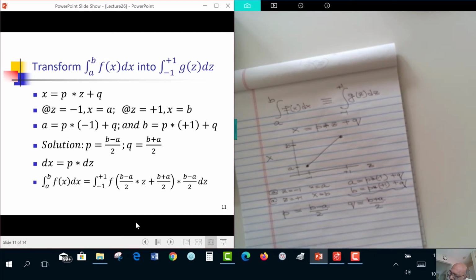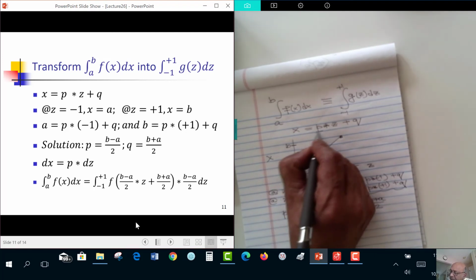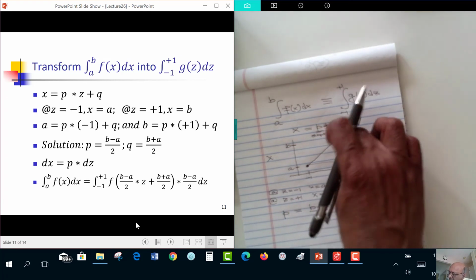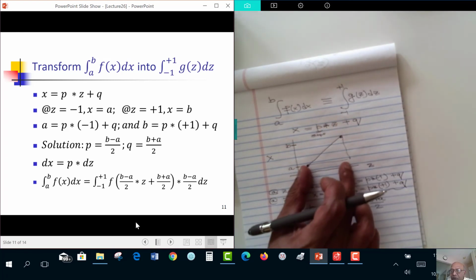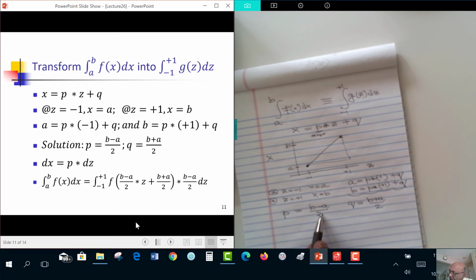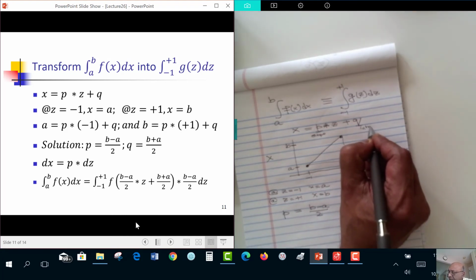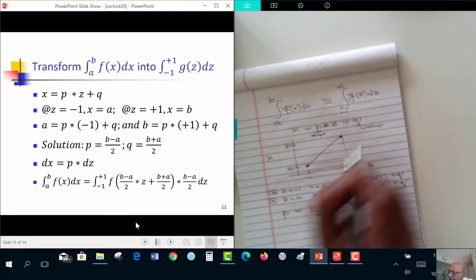Does it make sense? So let's see. This is the slope of the line. So let's see what our slope is going to be. Height is b minus a, width is 2, so (b minus a) over 2. This is our intercept at z is equal to 0.